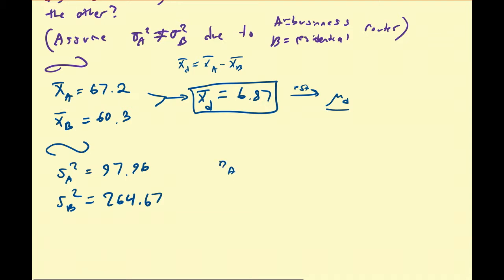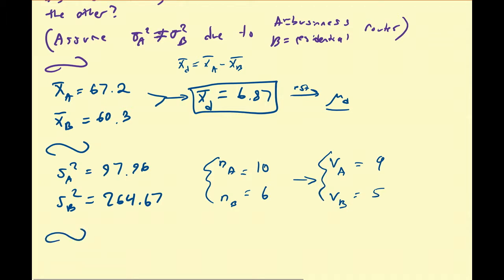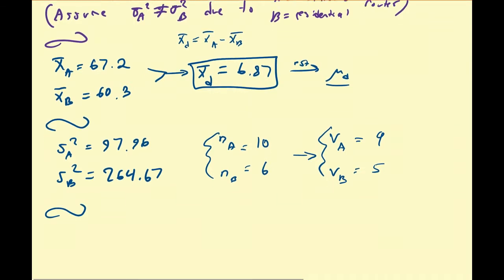Also, our sample size for A and for B is equal to 10 and 6 respectively. So from these two things, we can get the degrees of freedom for A and for B are equal to 9 and 5 respectively. All right, so these are our main statistics that we're going to use in this test.